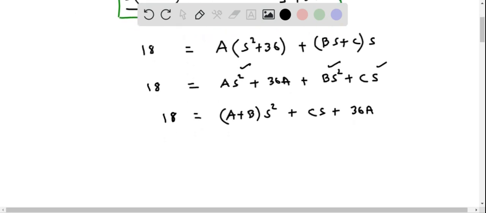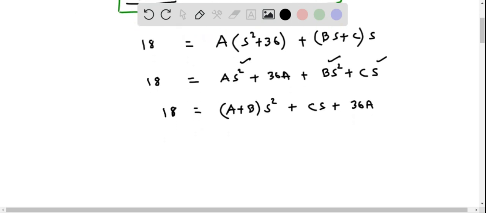So now let's equate the coefficients of s squared, s, and the constant term on both sides. Doing so, we get A plus B equals 0, because we have 0 s squared on the left side, as well as plus 0 times s.